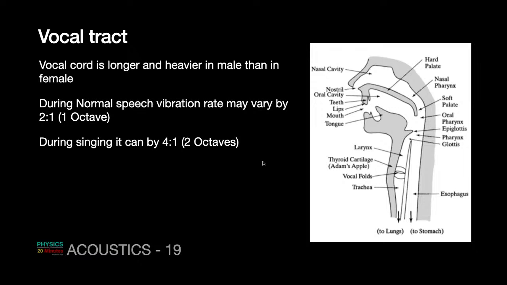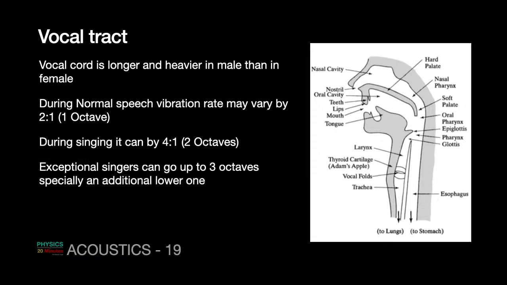I told you in the beginning that the behavior of the vocal folds while singing is a separate case study. So while singing, it can change by 4:1 or 2 octaves, and maybe there are some exceptional singers who can go up to 3 octaves. That is in a third one, which is normally the lowest octave.